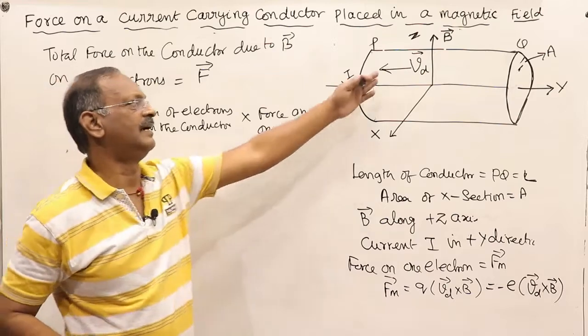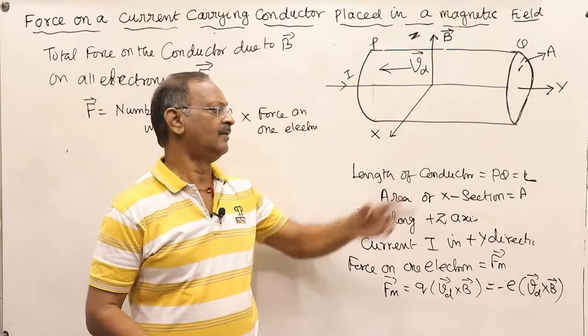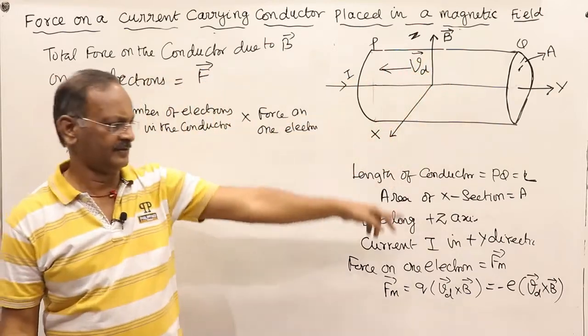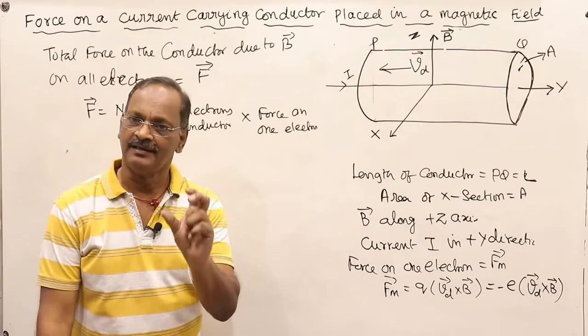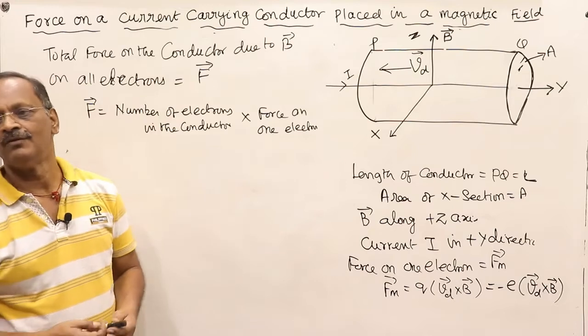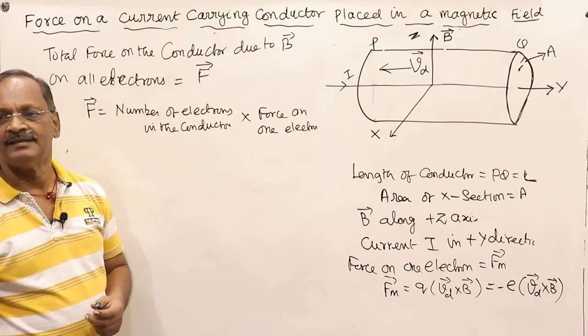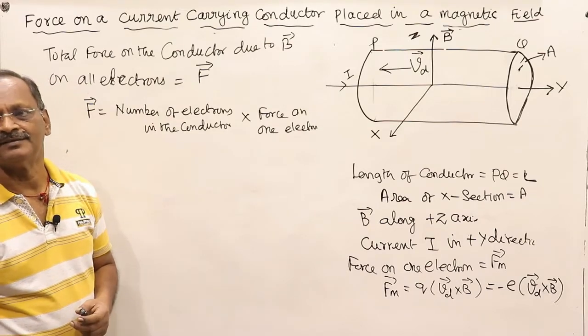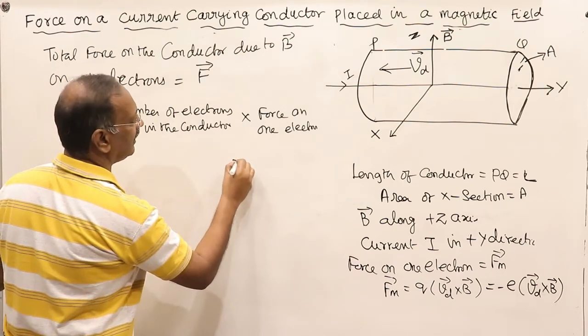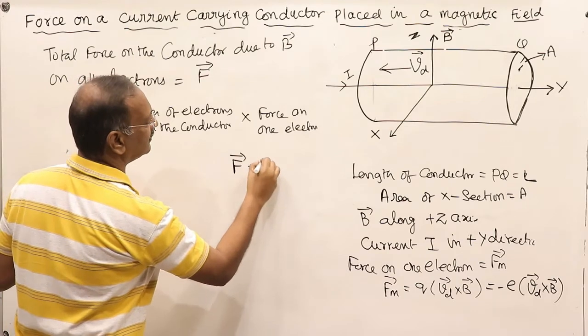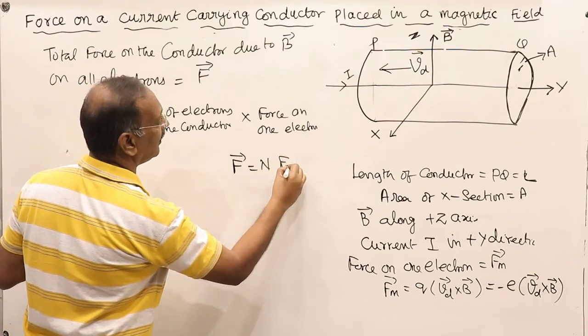Because suppose 100 electrons are there and one electron has a force of Fm, then the total force on the conductor is 100 electrons into the force on one electron. So we can say that F is equal to N into Fm vector.